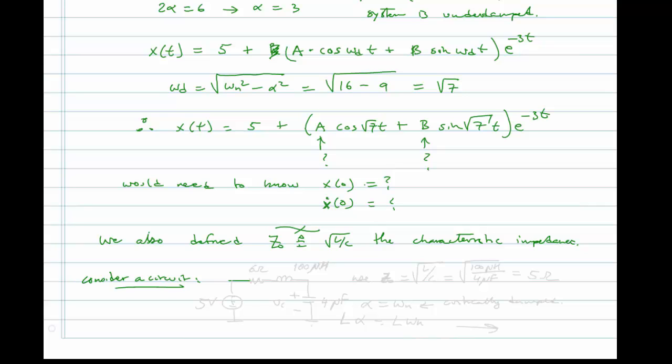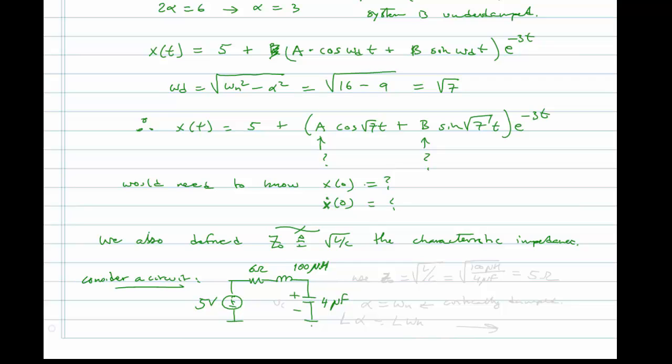We'll do a series RLC here, and let's say that I have 100 microhenry, and 4 microfarad, and 6 ohms. And the question is, this system, I'll put a voltage here, 5 volts. Is this system underdamped or overdamped?